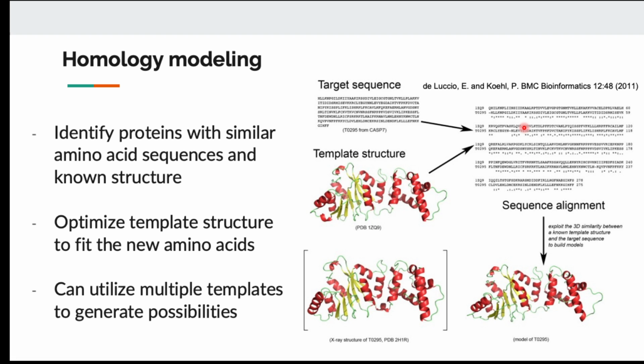If we have good luck, some of those proteins already have a 3D structure, because someone already studied them. You can use that structure as a template and fit your new amino acids onto it. And then we can optimize the structure. We can move the side chains and the atoms around so that the new side chains from our new sequence fit onto the structure.